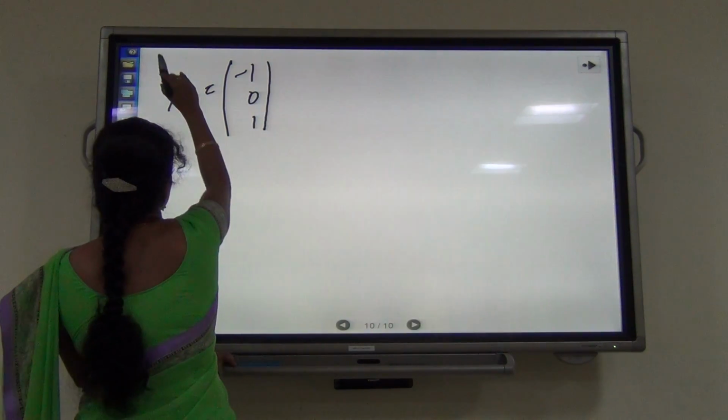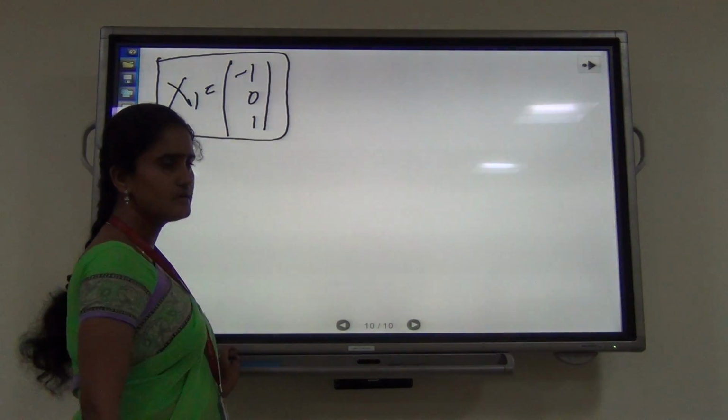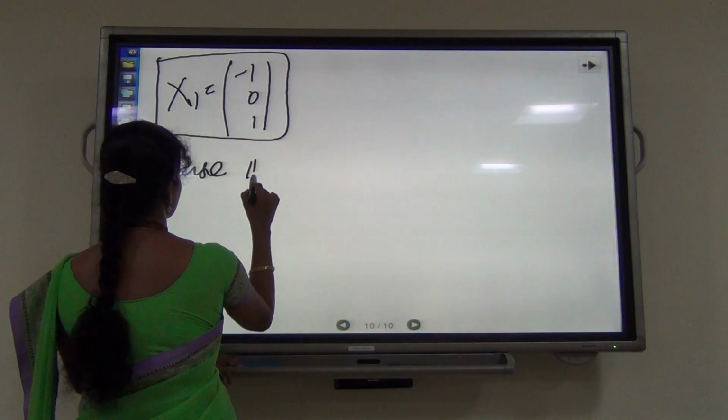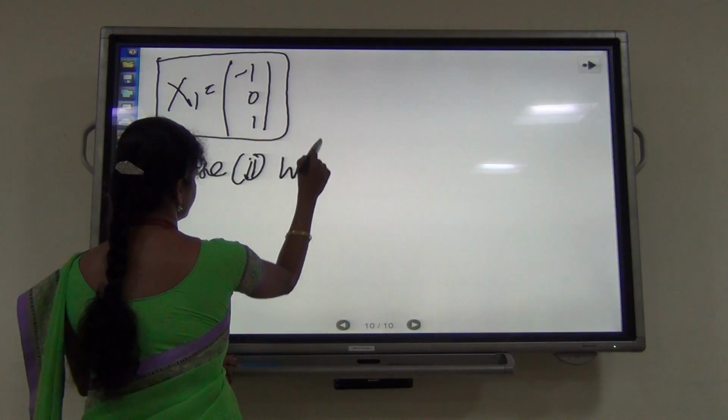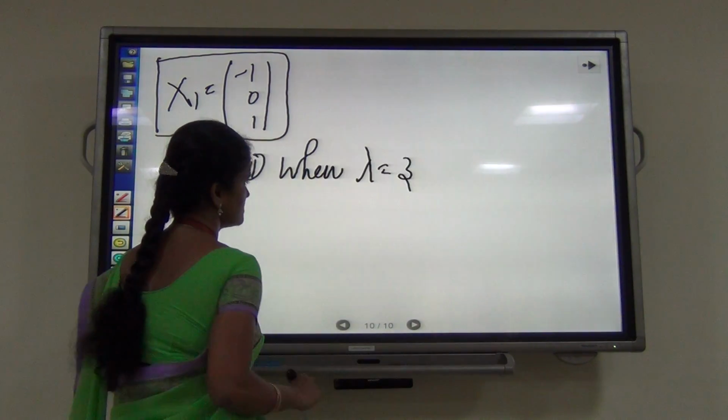This is your first eigenvector. So let us find the second eigenvector. So case 2, when lambda is equal to 3.